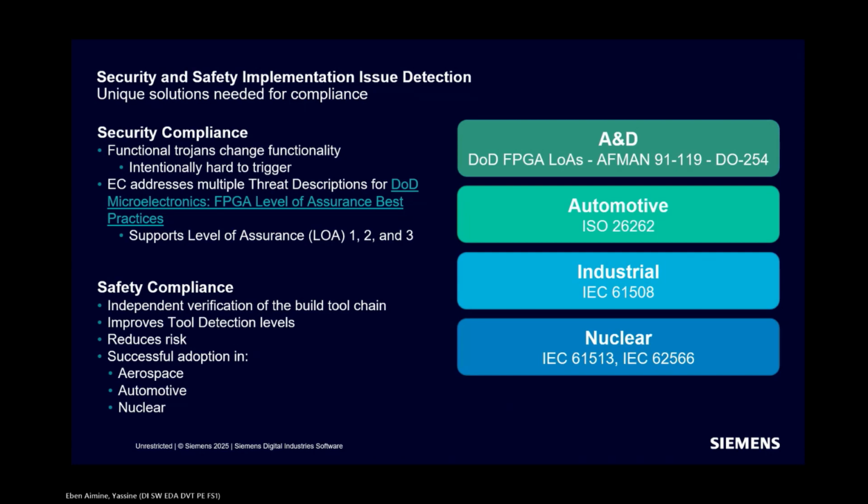If you look in the certification standards or the guidelines that these standards provide, for example for A&D, DO-254 will not specifically mention equivalence checking. However, for DoD, that's the US Department of Defense, the LOA, the level of assurance, they actually specifically mention equivalence checking.